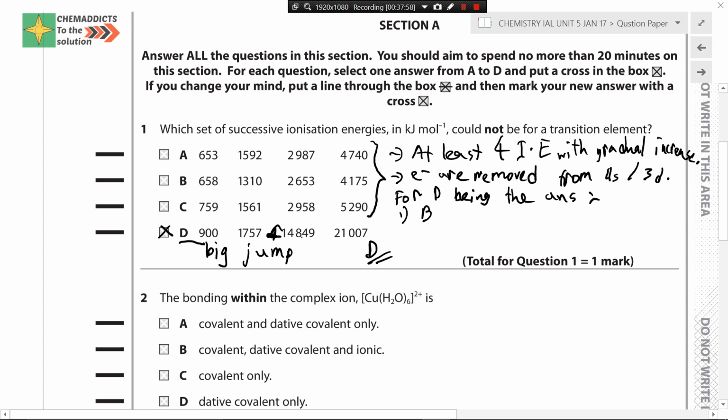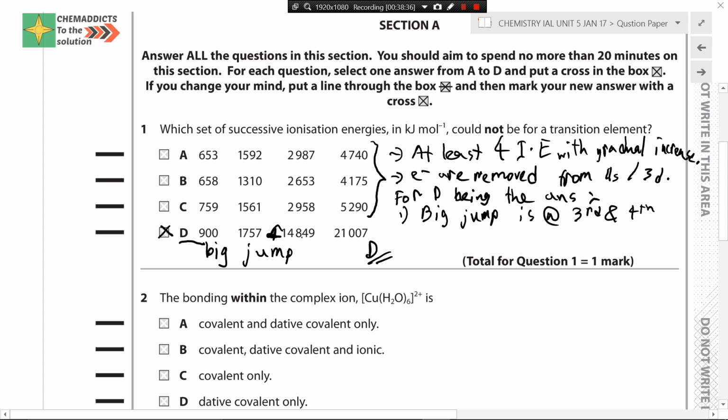Okay, why? That's because the big jump is at third and fourth. We know that the very first transition element is titanium, and for titanium we have seen that the first 4 ionization energies are linear, but in here the first 4 ionization energies are not linear, or we can say there is no gradual change in the first 4 ionization energies.